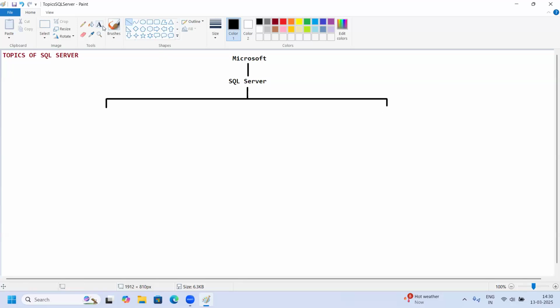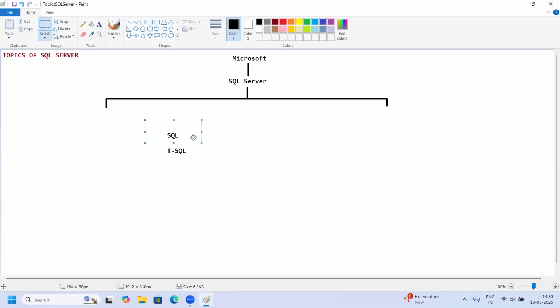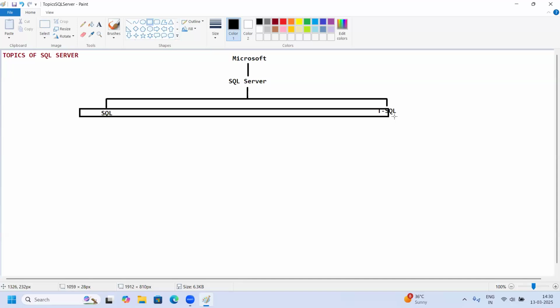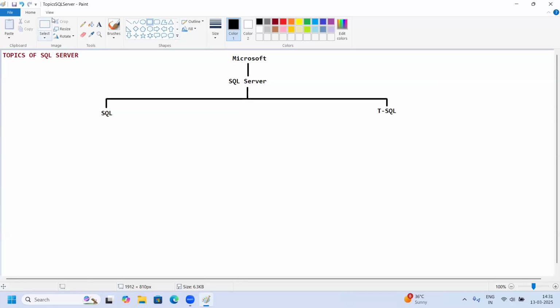Two modules. One is called SQL, second is called T-SQL. And both of them, SQL and T-SQL, both I'm saying both. I'm talking about both tools.